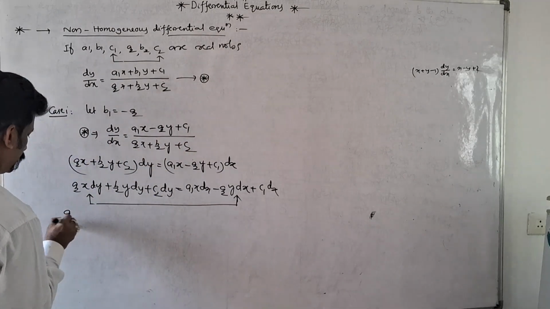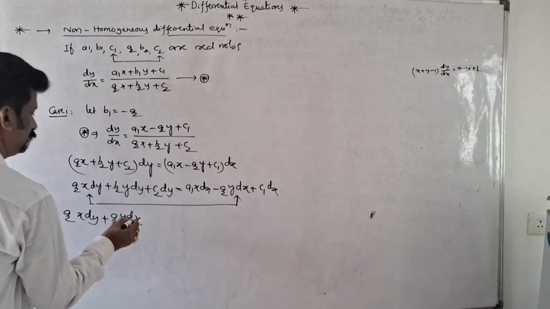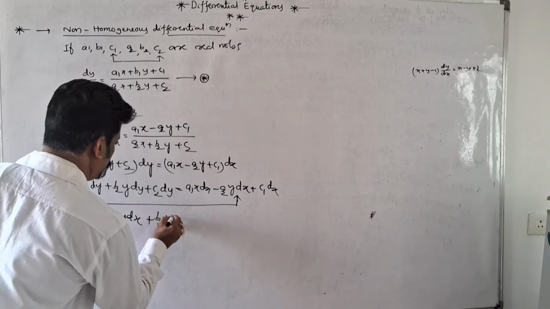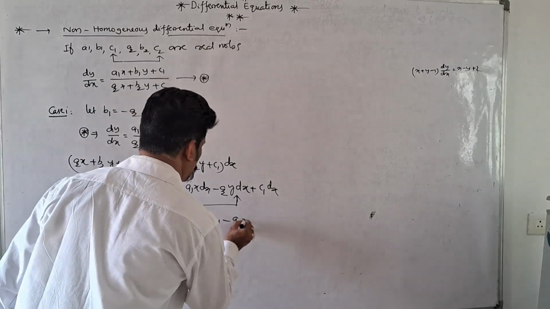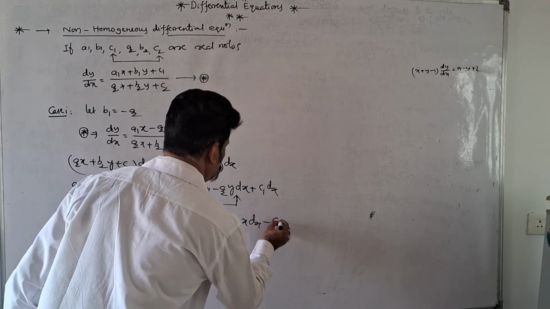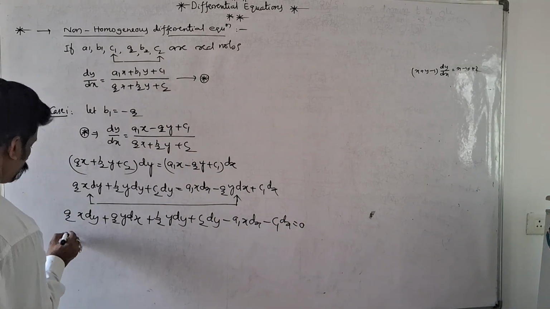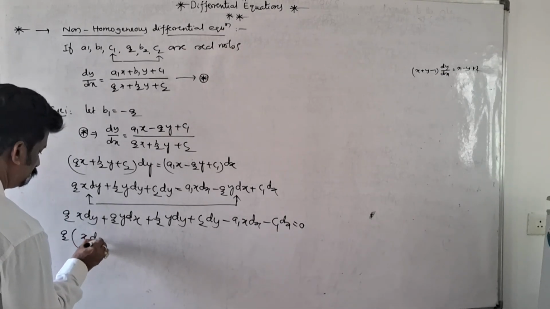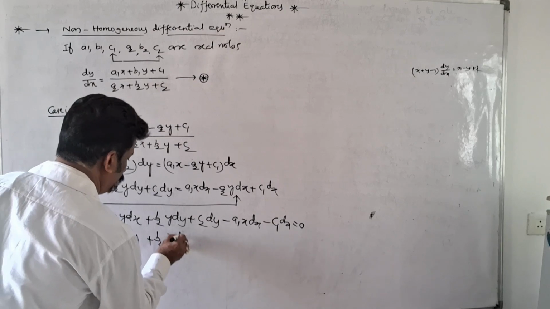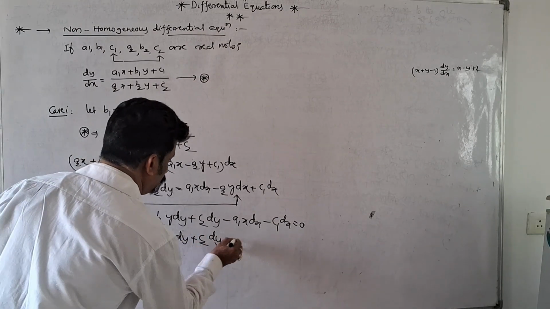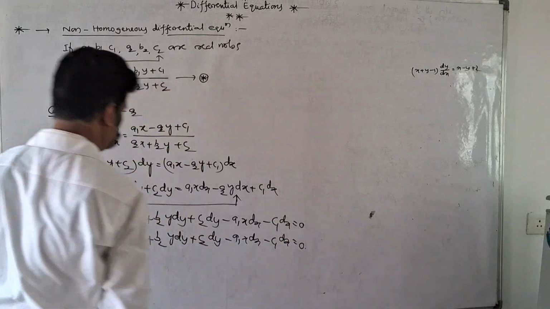So this implies a2x dy plus a2y dx plus b2y dy plus c2 dy minus a1x dx minus c1 dx is equal to 0. Now here a2 common: a2 into (x dy plus y dx) plus b2y dy plus c2 dy minus a1x into dx minus c1 into dx is equal to 0.